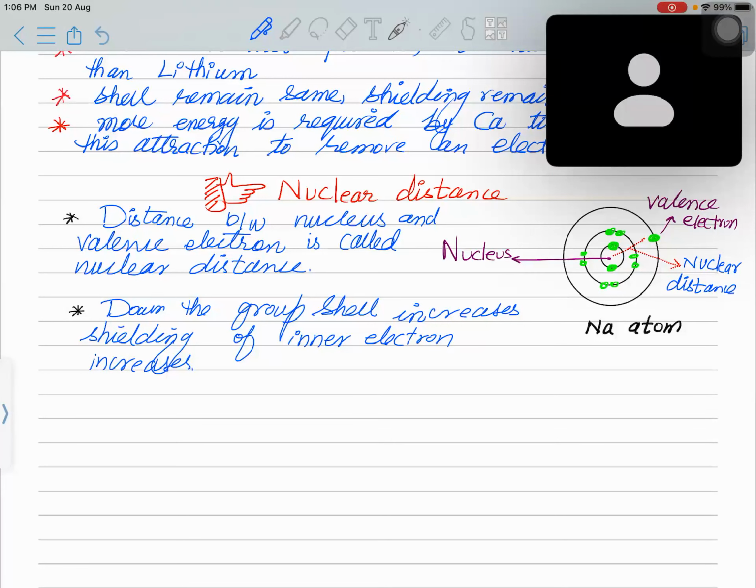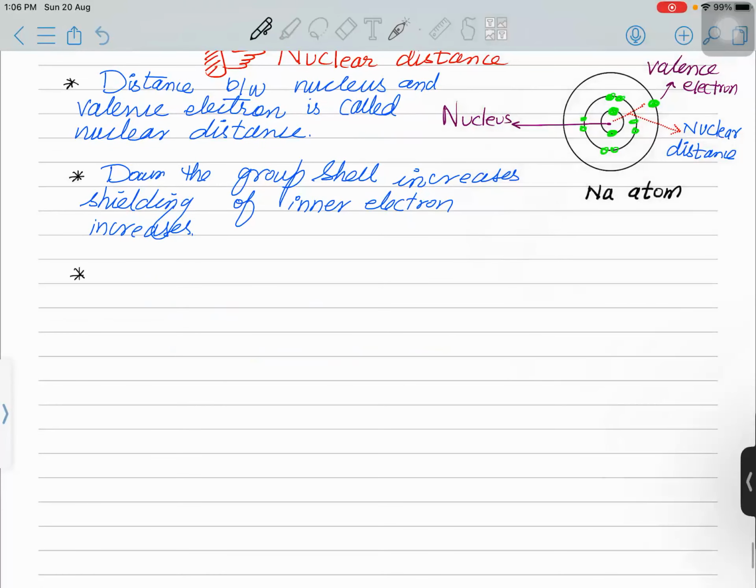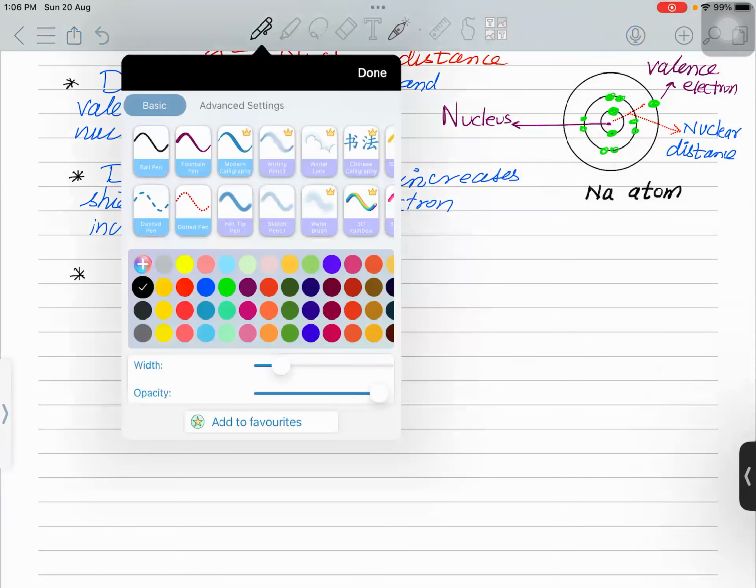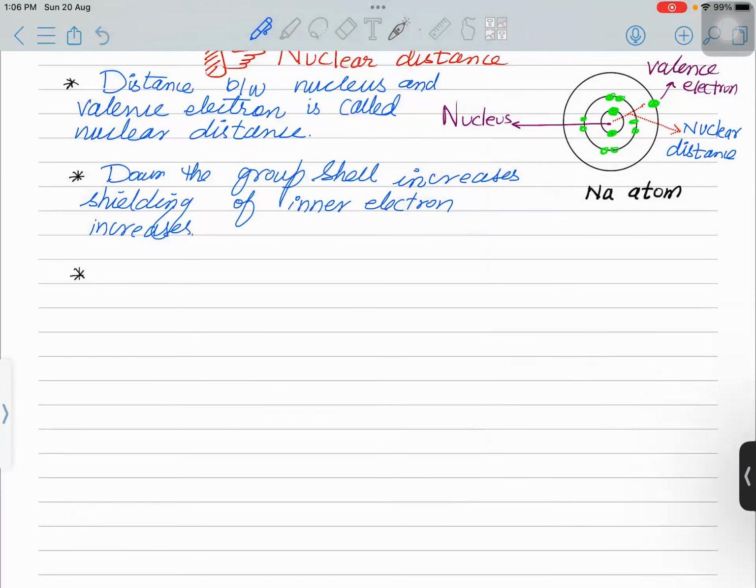Now can you tell me, as the shell increases, what about the nuclear attraction? Does it increase or decrease? Listen again. If the nuclear distance increases, does the nuclear attraction decrease? Yes, it decreases.